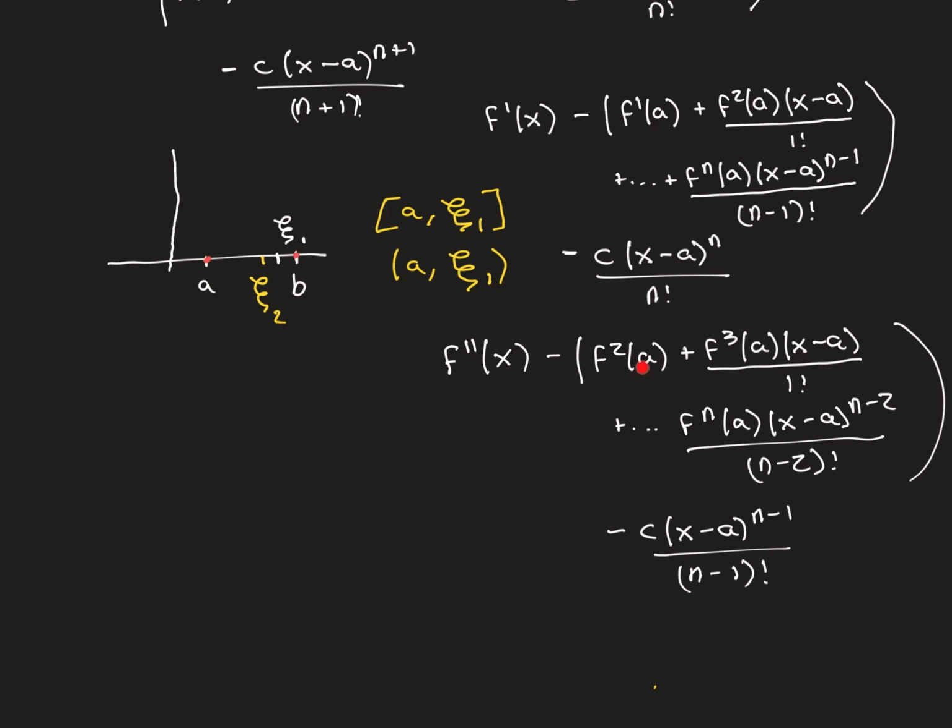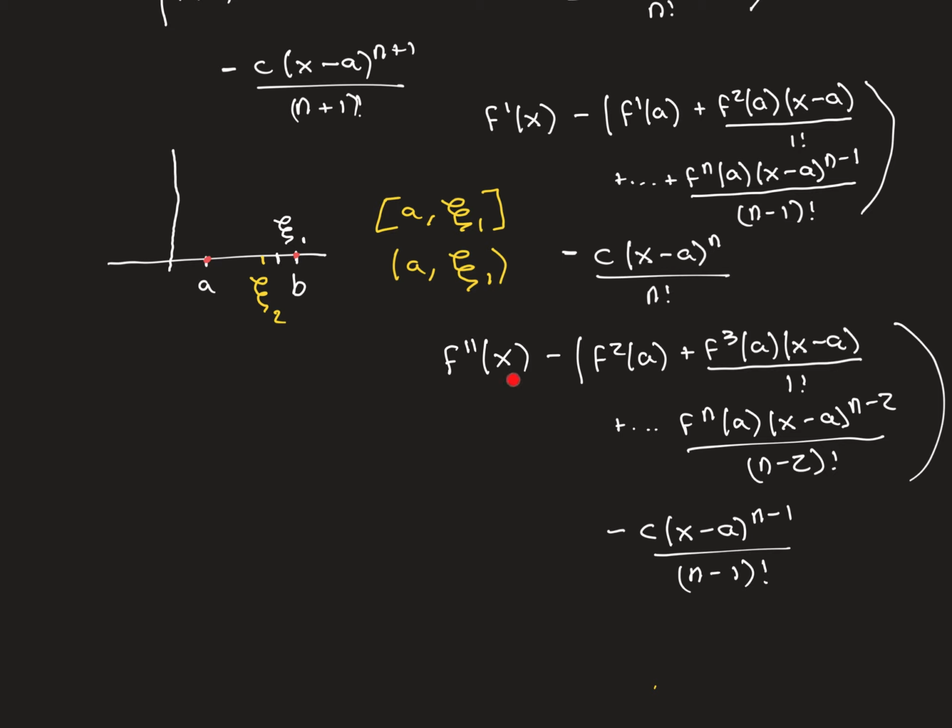When you differentiate the Taylor polynomial however many times, its derivative is going to agree with the derivative of our initial function. So if we're subtracting this from this, it's always going to come out as 0, and this term isn't going to affect it because until we get up to the n plus 1th derivative, it's always going to have this x minus a power appearing there, and therefore is going to vanish.